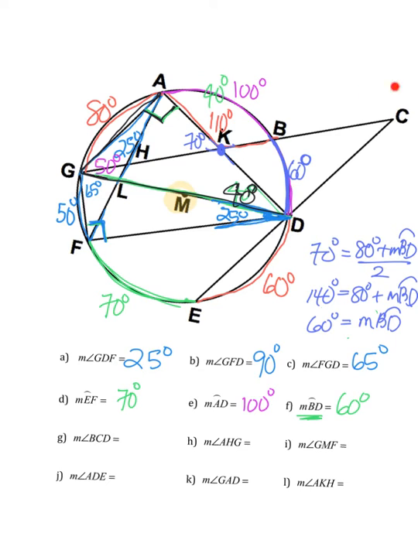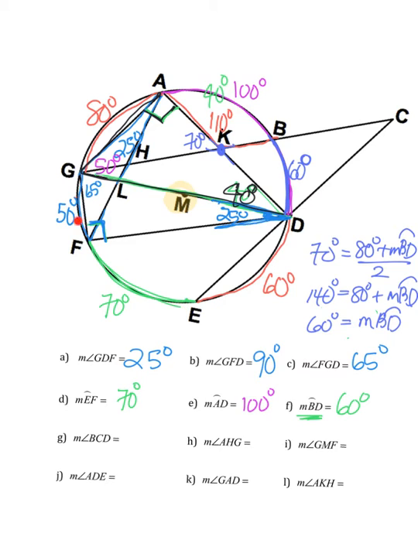Now we want to measure angle C, or measurement of angle BCD. Angle BCD, or angle C, is a vertex angle located outside the circle, so we will be using the half the difference theorem. This particular angle intercepts the big arc, arc GE, and the smaller arc, arc BD.